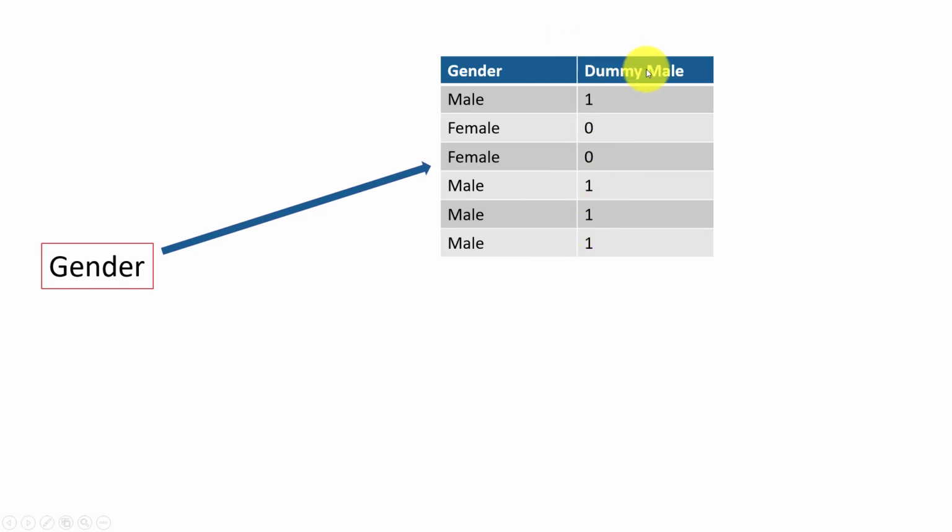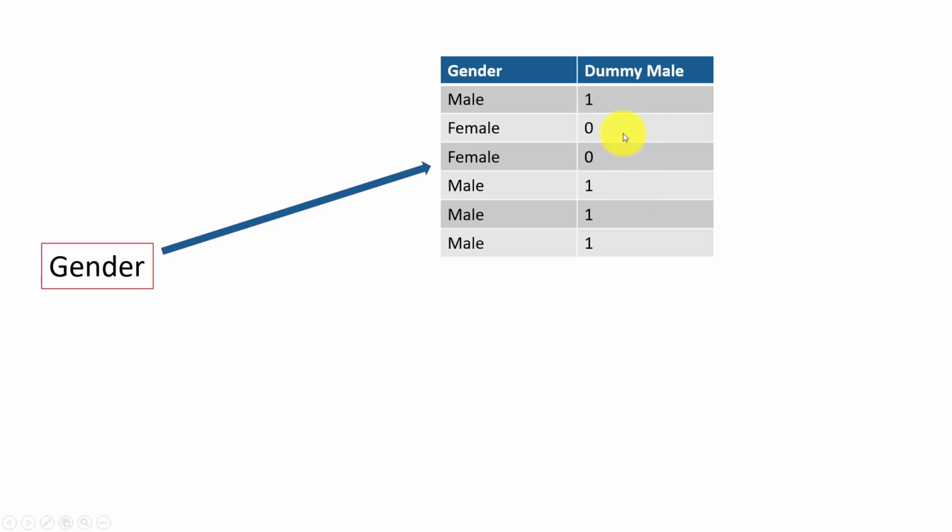Whenever we generate such a variable, we assign a value of 1 when that specific qualitative aspect is present. In this case, because this is a dummy for male, wherever that aspect is present we assign a value of 1.